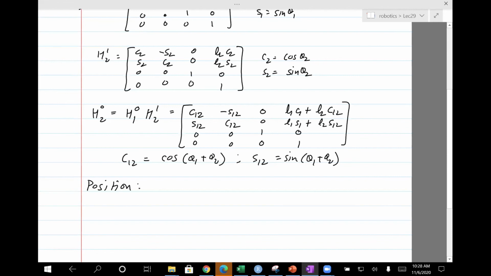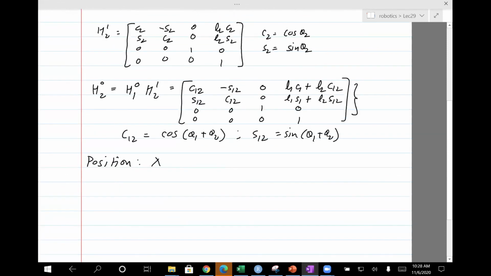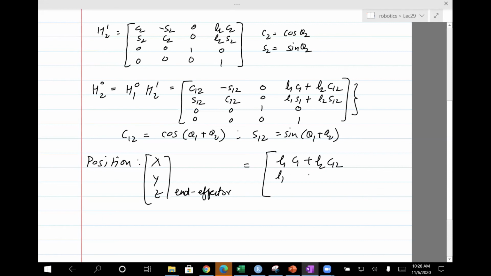So the question was to find the position of the end effector, right? The position is simply the last column of this matrix. So the position XYZ of the end effector is simply L1 C1 plus L2 C12, L1 S1 plus L2 S12, and 0.